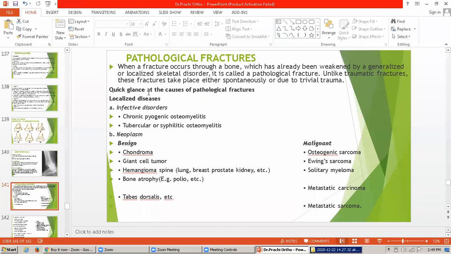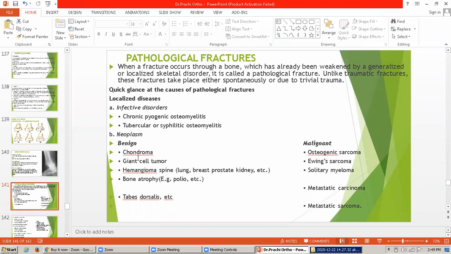So, a quick glance at the causes of pathological fractures. First, in the localized diseases, that is A, infective disorders, with chronic pyogenic osteomyelitis, tubercular or syphilitic osteomyelitis. Then B, that is neoplasms, benign and malignant.